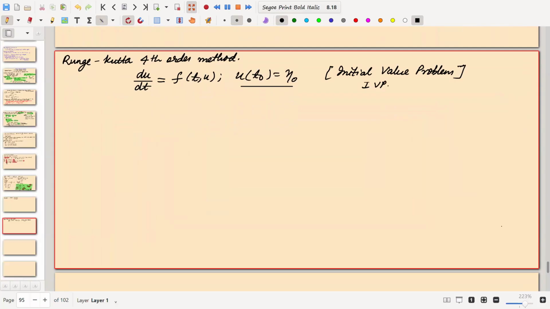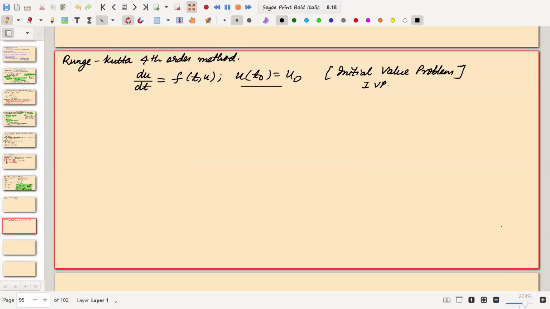Just for notation I am writing u of t naught equal to u naught. Simple. Okay, good. So this is the initial value problem we are studying.